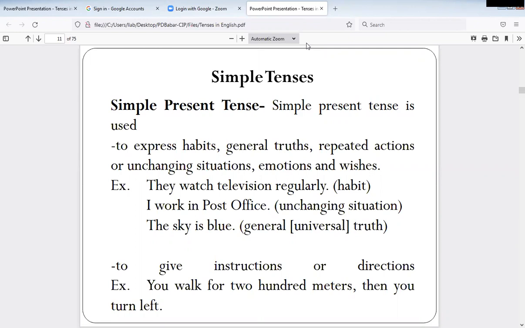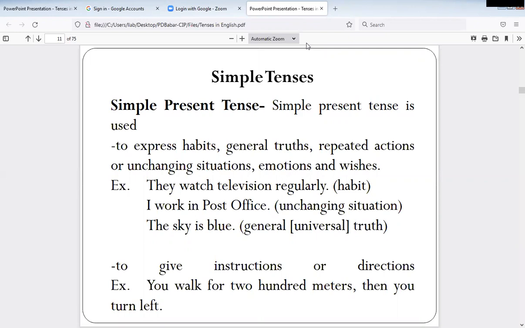This is the universal truth, and that is why the sun rises in the east and the sun sets in the west. So these are universal truths, and we generally use the simple present tense to form these sentences, or to show these actions.